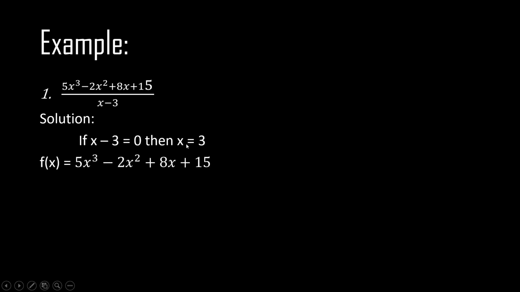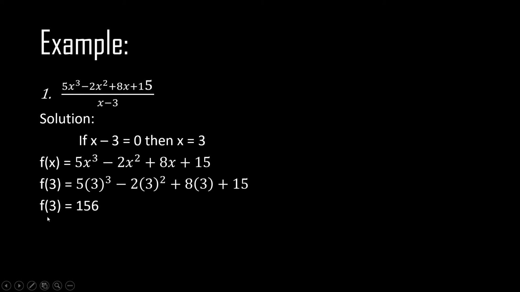Then substituting this value of x into our dividend, 5x cubed minus 2x squared plus 8x plus 15, substituting all x by 3, we have this, and our answer is 156. Therefore, the remainder is 156.